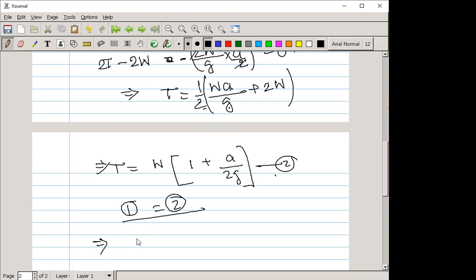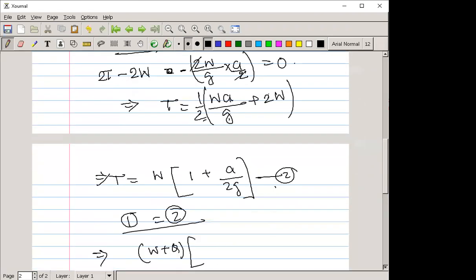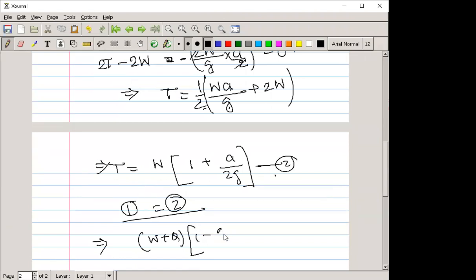So we will get W plus Q times 1 minus A by g is equal to W times 1 plus A by 2g. Now, as per the question, you have to equate this A here.